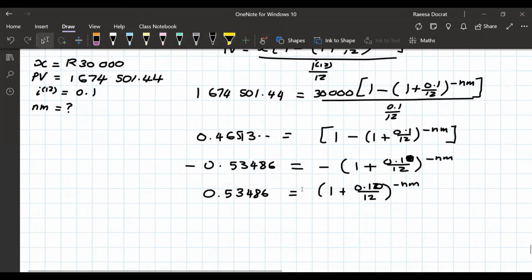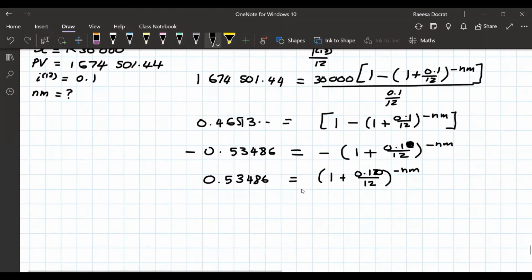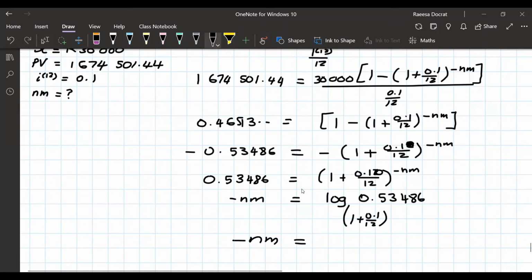Then we want to solve for the exponent, so we use logs. So our exponent, minus nm, becomes the subject. The base of the log is the base of our exponent, so 0.1 over 12. And what's on the other side will go next to our log. And then what we get is minus nm is equal to minus 75.4.